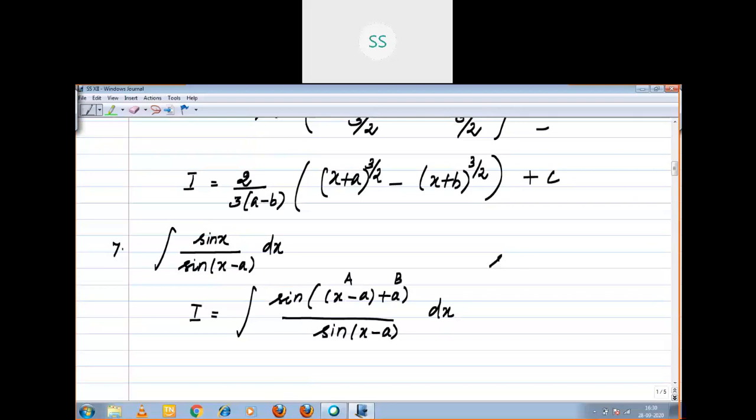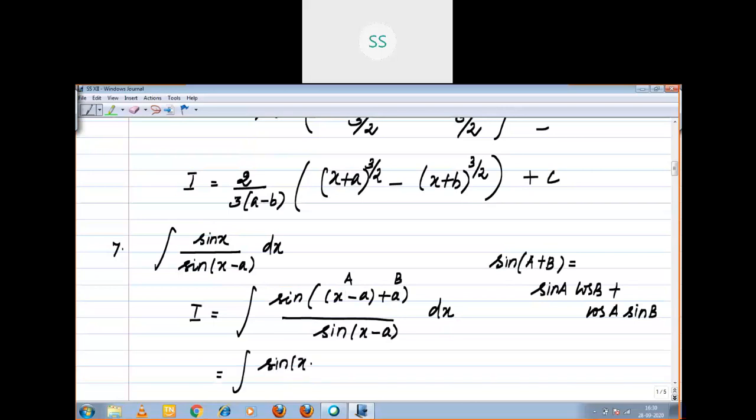This one it represents capital B. You recall the trigonometry identity: sin A plus B equal to sin A cos B plus cos A sin B. Got it children? Here your A is x minus a. That you keep in your mind.